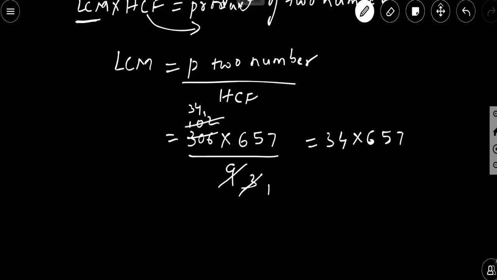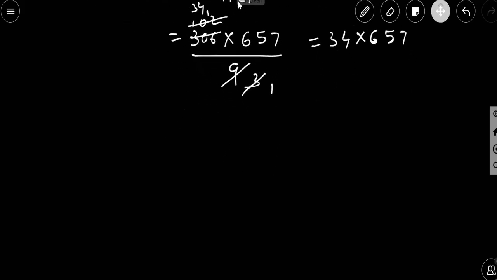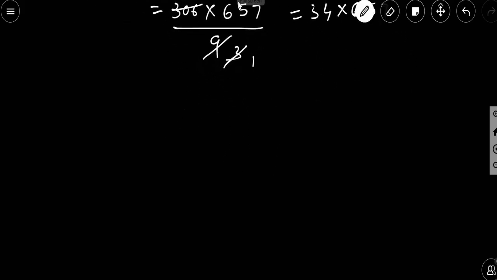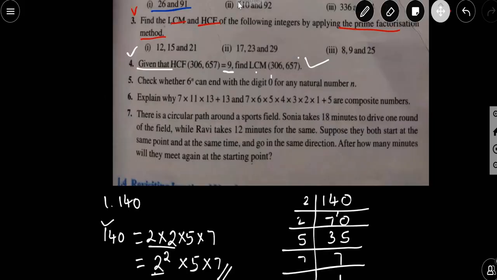Now you multiply these two numbers. If you multiply these two numbers, you are going to get LCM is equal to 22,338. Okay, so this is the value. Okay, so we'll go for the problem number 5 now. Problem number 5.